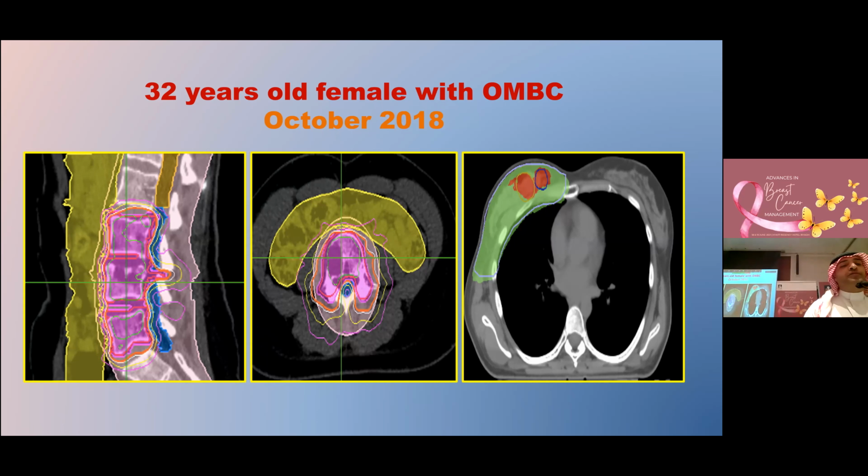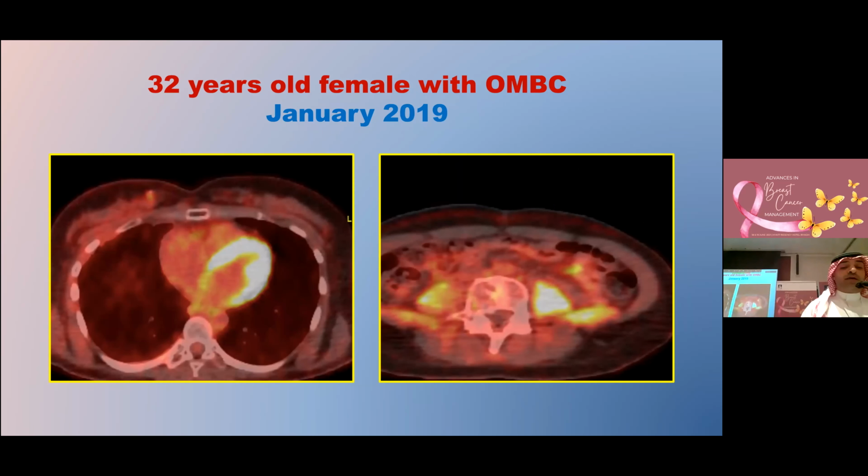There is a risk of about 30% of the bone itself melting or fracturing. Actually, later on in the follow-up in January 2019, she had a complete response in the breast lesion, and as you see in the PET CT, in the lumbar spine metastases.